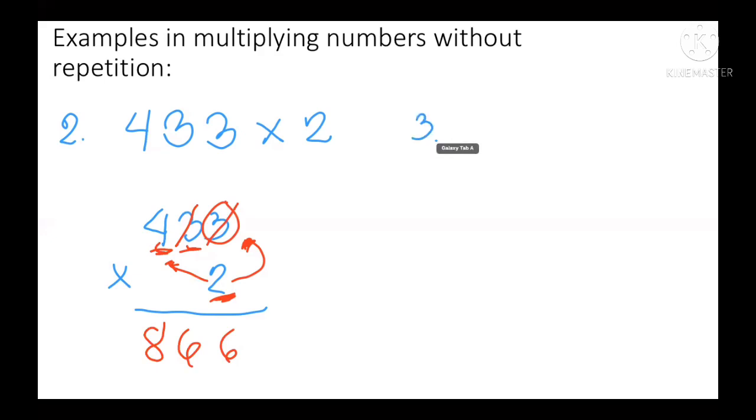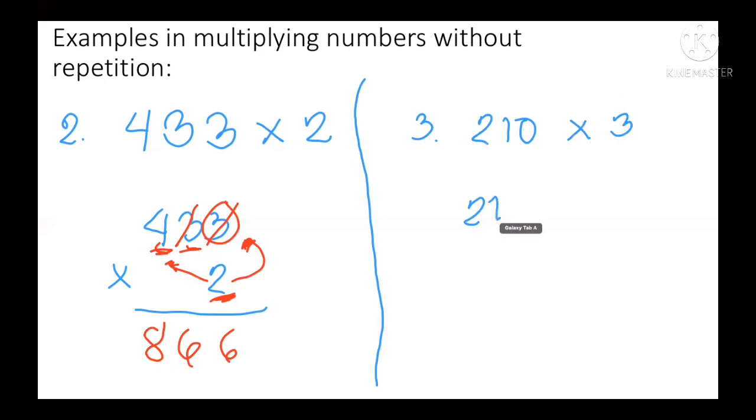What if I give you 210 multiplied by 3? Okay, we will organize this problem again. I will copy 210 first, then the symbol of multiplication, and then the second number.